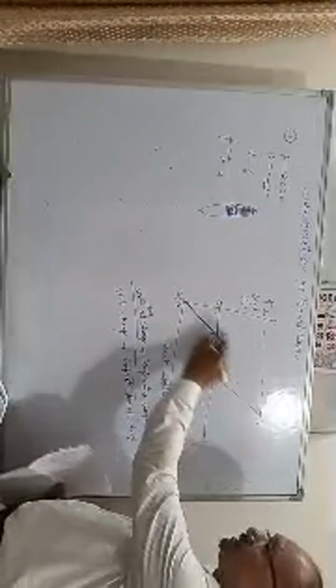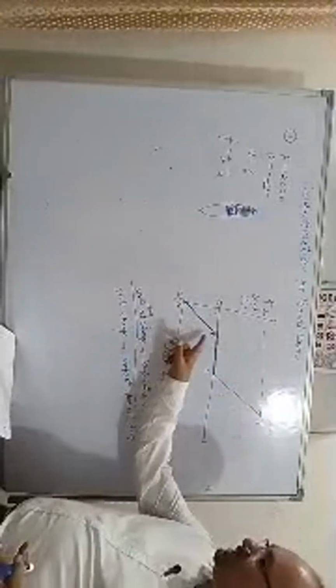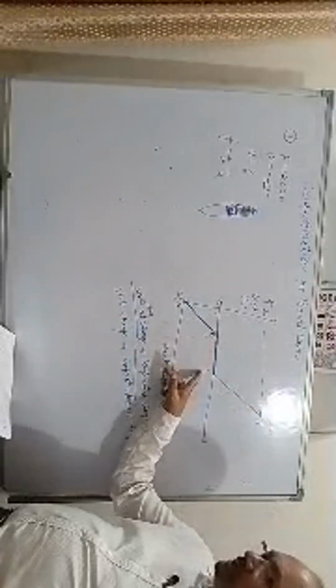So in the graph there is a state change. Here the state changes from B to C, the temperature does not change.